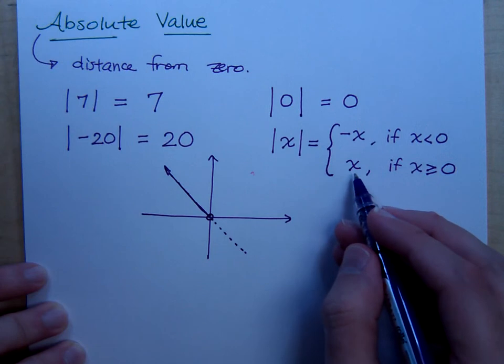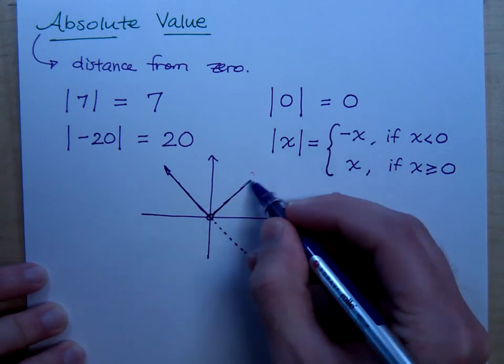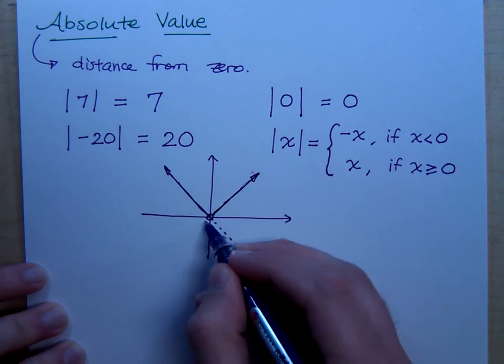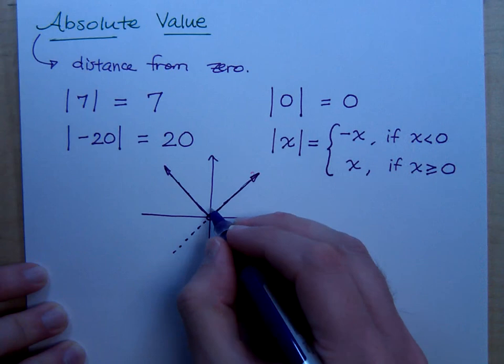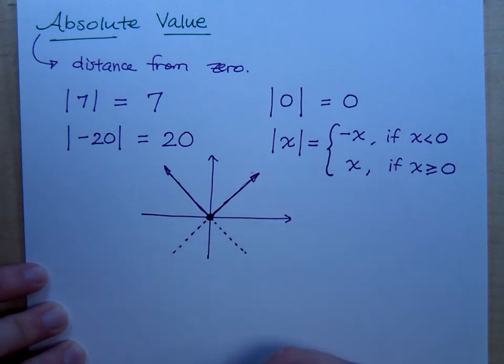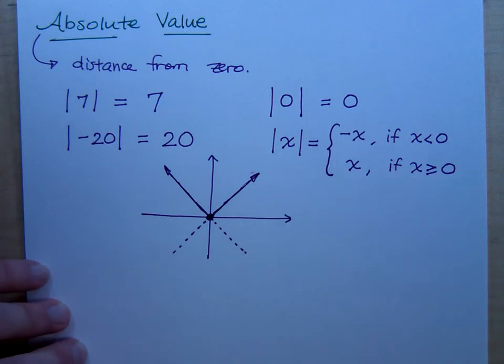The other part is just y equals x, and it would have continued on the left side like this. Now it does equal 0, so it fills in that open circle from before. So here is that absolute value shape that you guys already knew. But what's going on here is that it's really a piecewise defined function.